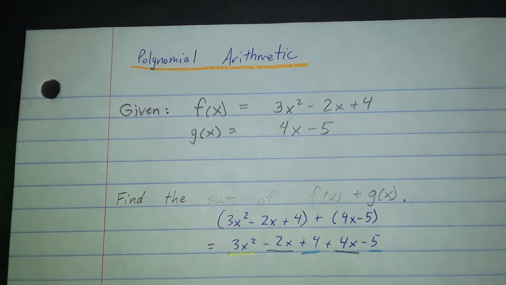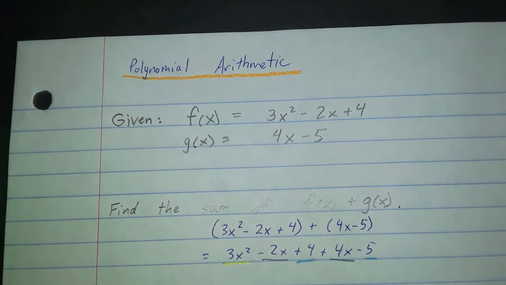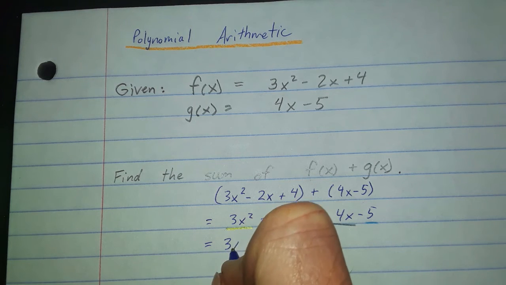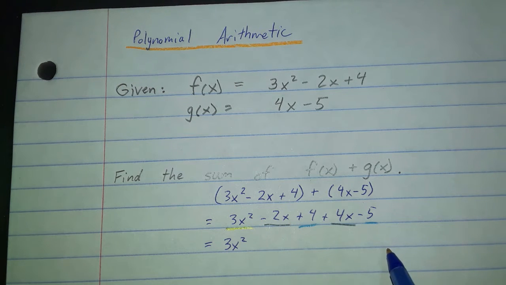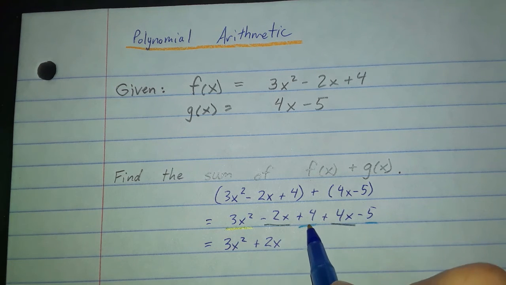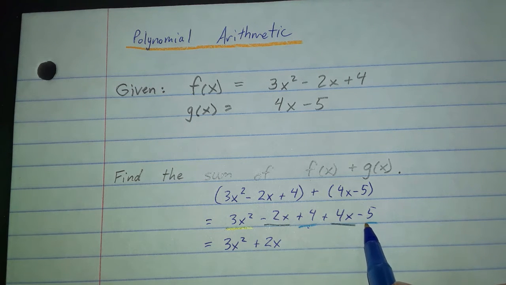So I'm going to bring these like terms together. 3x squared, there's no other terms to combine with it, so it's just 3x squared. This negative 2x and the positive 4x are going to add together. So negative 2 plus 4 is positive 2x. And then 4 minus 5 is negative 1.